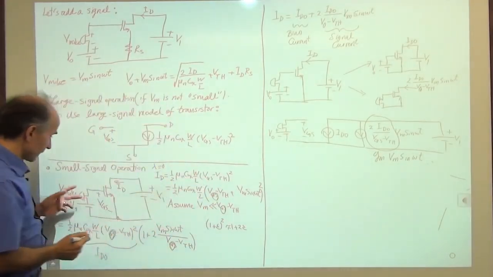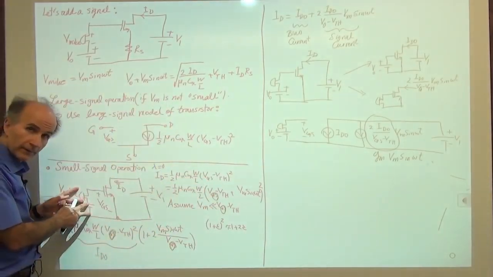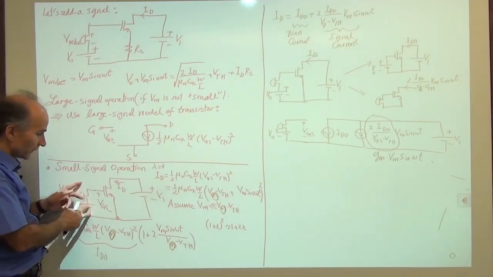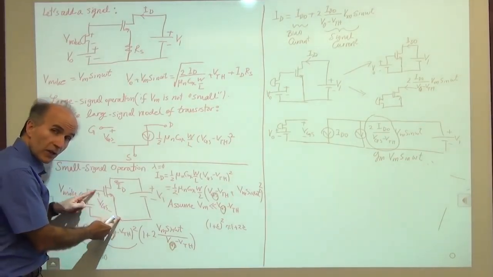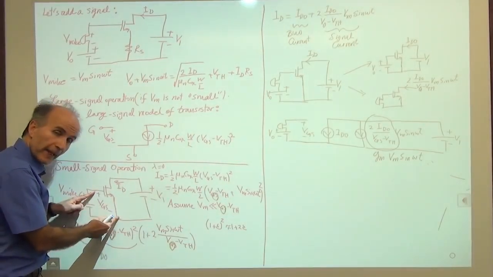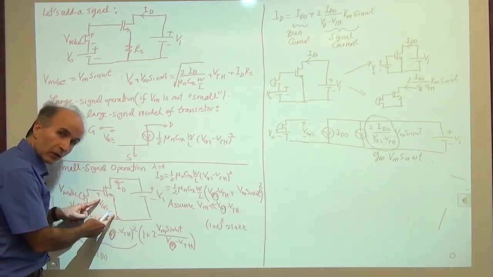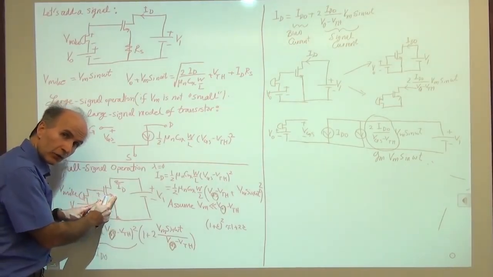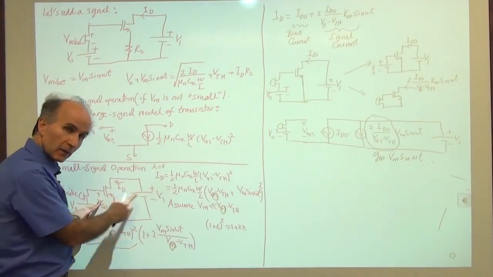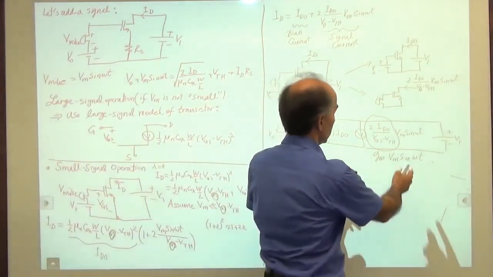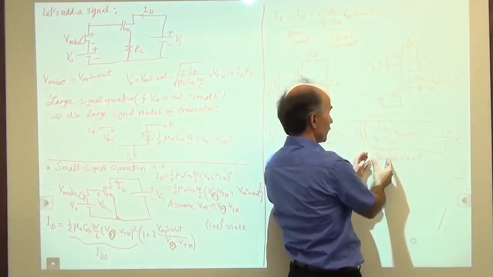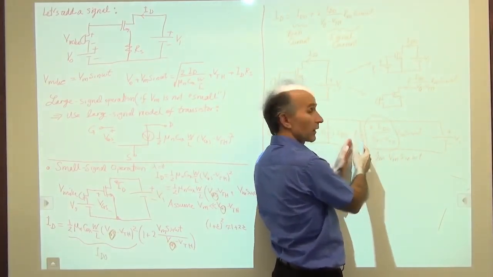This signal voltage changed this VGS, and that change got multiplied by Gm to give us a change in the current.